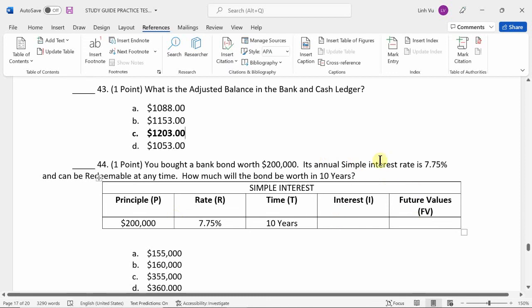So is that future value or interest? Future value. So in this case, let's take a look. How do I solve for future value with a simple interest?